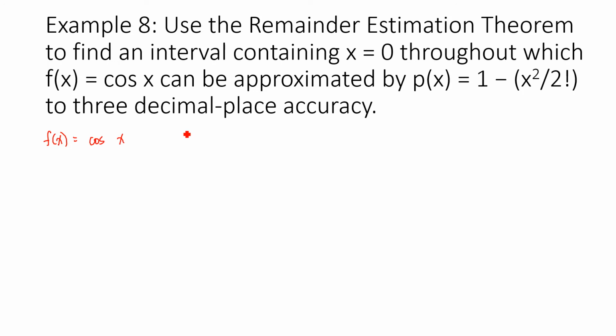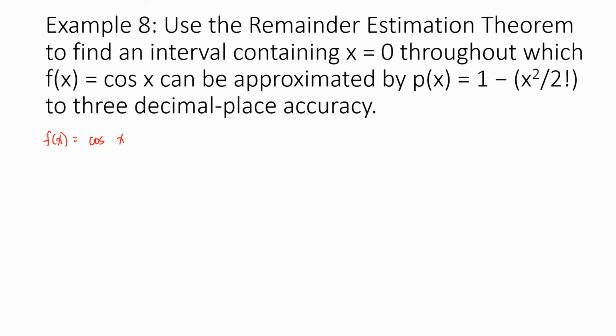The given polynomial p of x is both the second and third Maclaurin polynomial for cosine x. So we will choose the degree n of the polynomial to be as large as possible, so we'll take n equals 3.